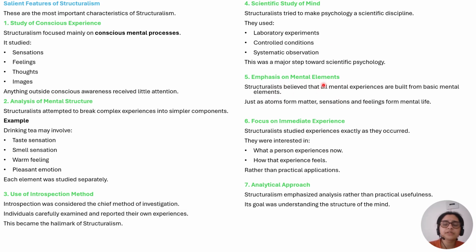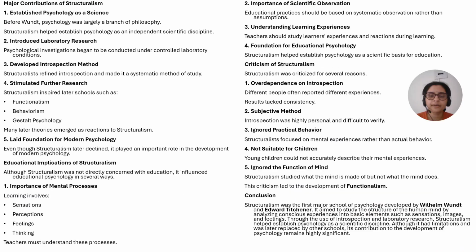Then emphasis on mental elements, that means just as atoms come from matter, sensations and feelings arise from the mental life. Then focus on the immediate experiences, that is what a person is experiencing right now. Then it emphasized analytical approach rather than practical approach in order to study the mind.